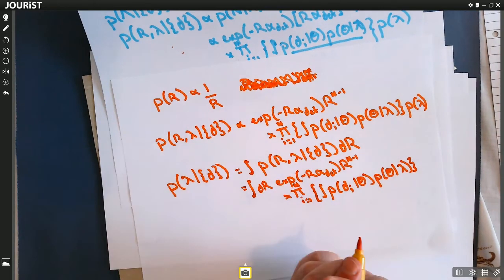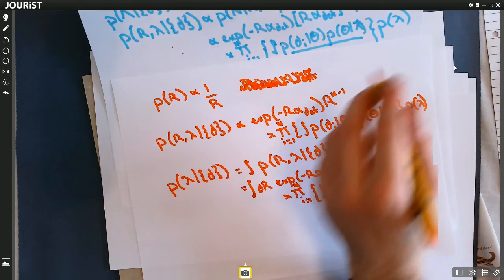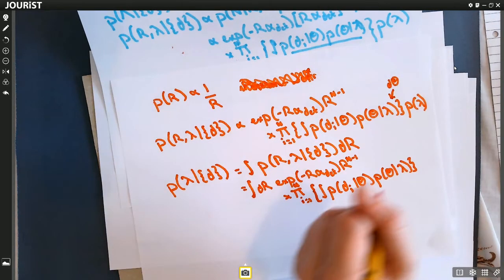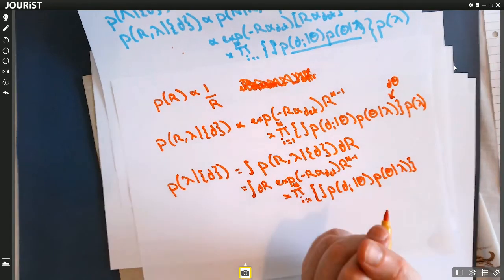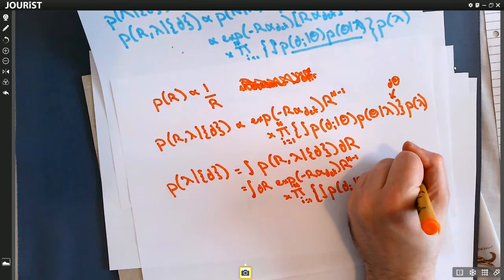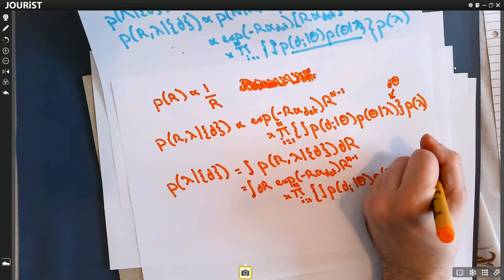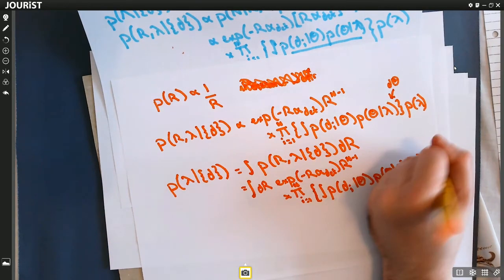Oh, I forgot my, this here needs a d theta, and here this needs a d theta here, integral there, and then the p lambda at the end. Just for that number piece.